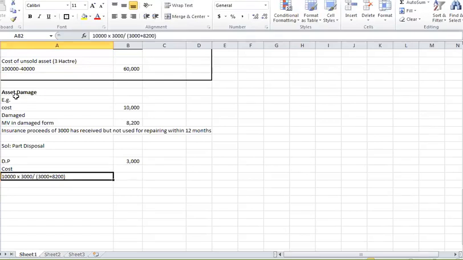In this way, you will be able to calculate gain or loss. This is simply the formula of part disposal.